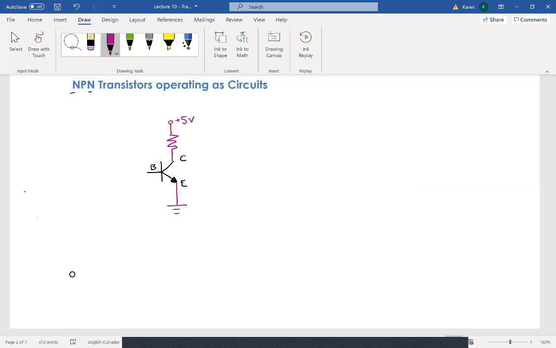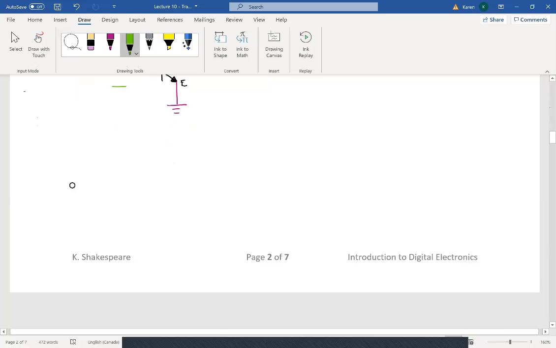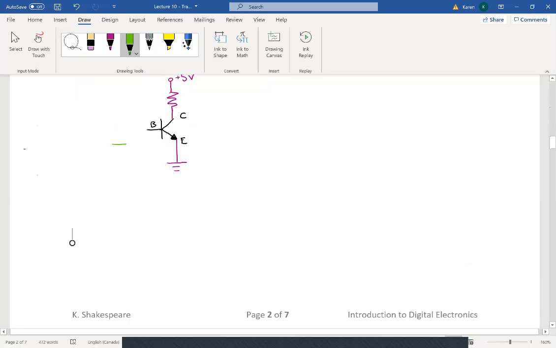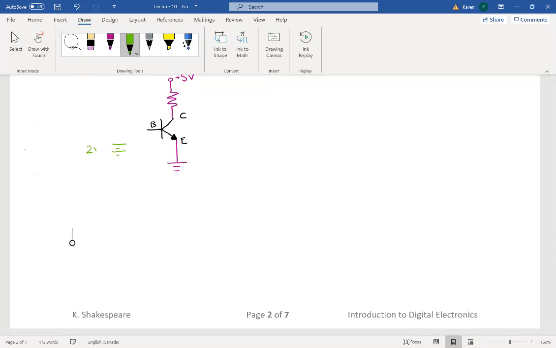And then from the base, I'm going to purposely apply a voltage, and I'm going to make that voltage 2 volts. That could be a power supply that I am dialing into 2 volts. That power supply is connected to ground, and I am putting some resistance into that circuit.